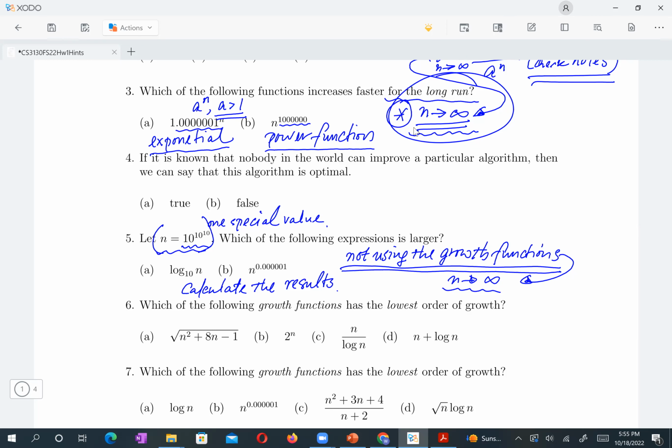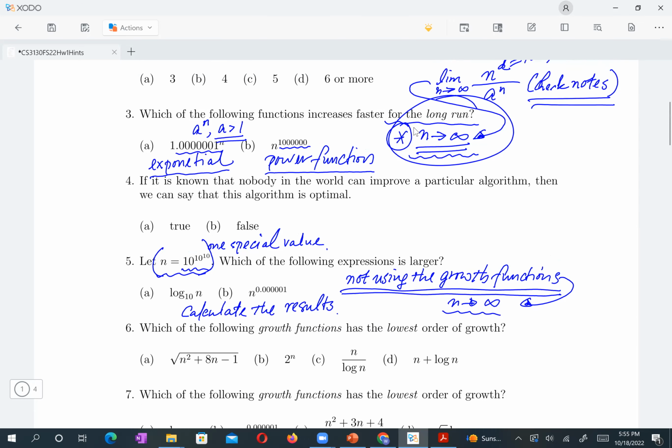Straightforward comparison. That's number 5. I hope you get the point. Do not get confused. All right, other questions?